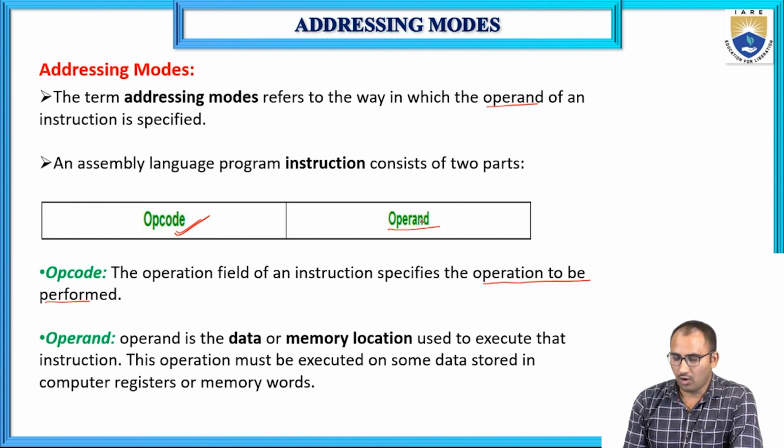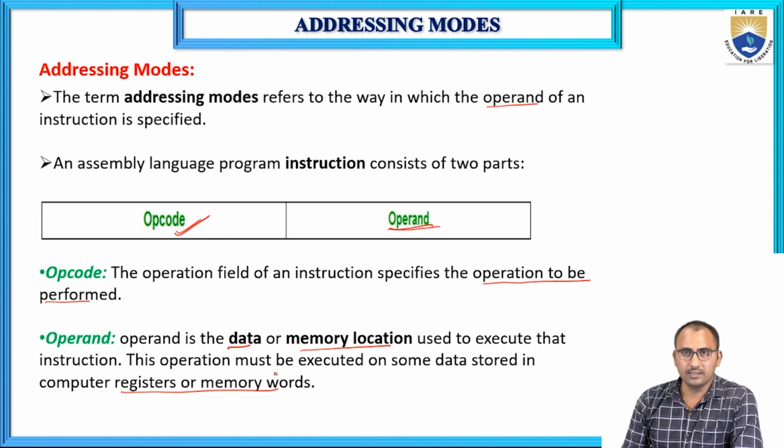The second one is the operand. Operand is the data or memory location used to execute that instruction, the data or memory location on which we are performing the operation. This operation must be executed on some data stored in computer registers or memory words.